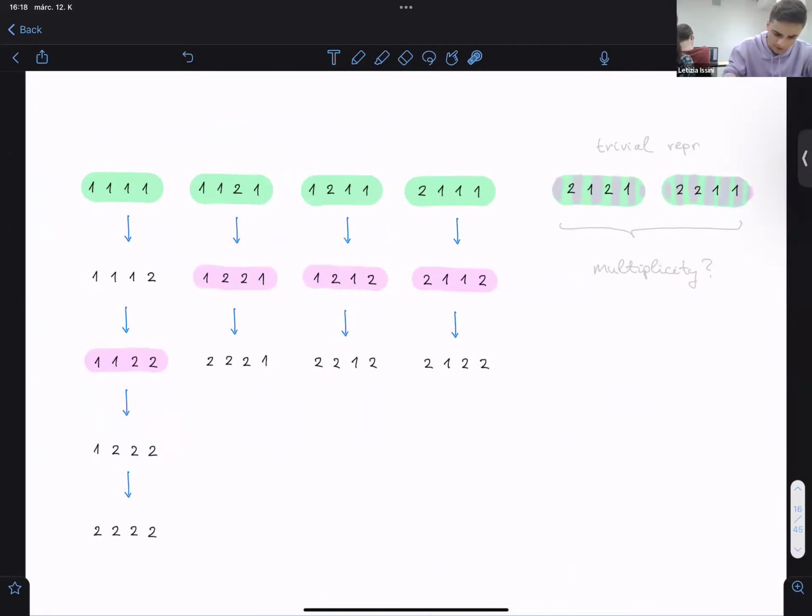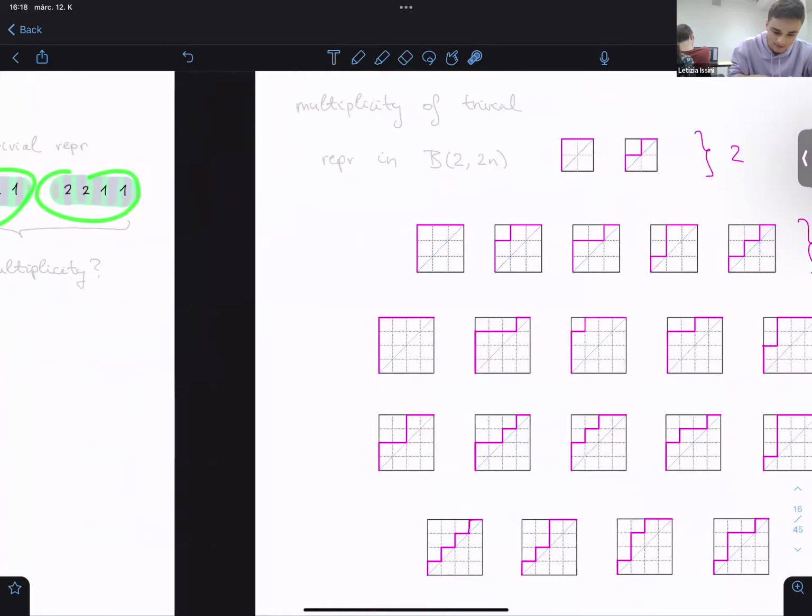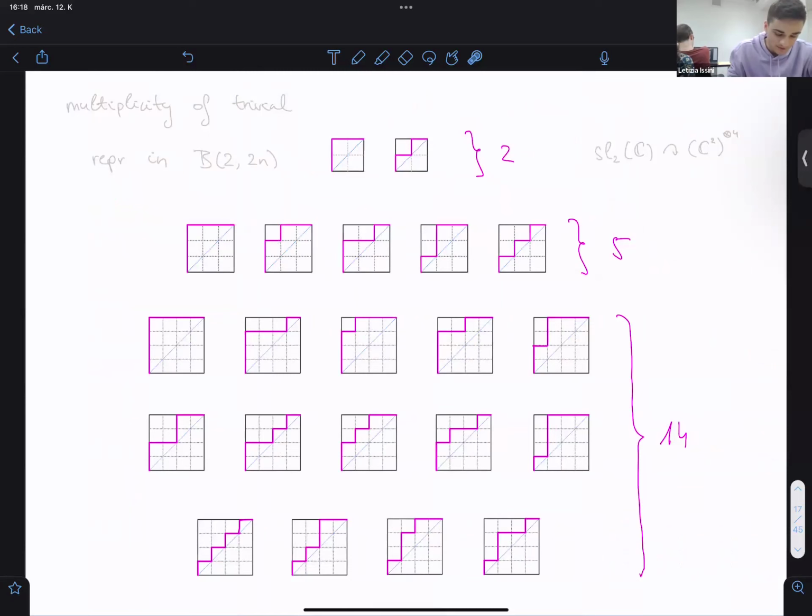Well, by the path model, we can see that the singletons are exactly the Dyck paths. So this is just tantamount to counting the number of Dyck paths. So Dyck paths are just lattice paths from (0, 0) to (n, n), of length 2n, such that they stay above the diagonal.